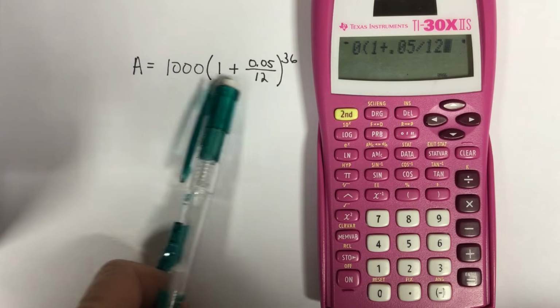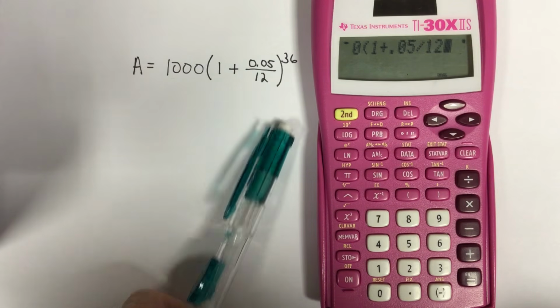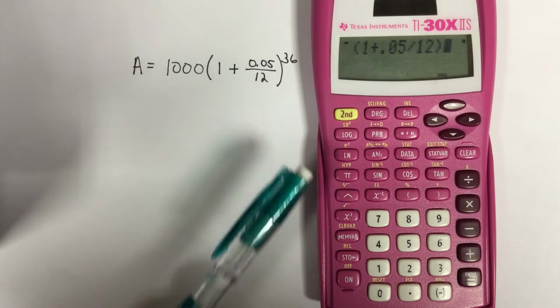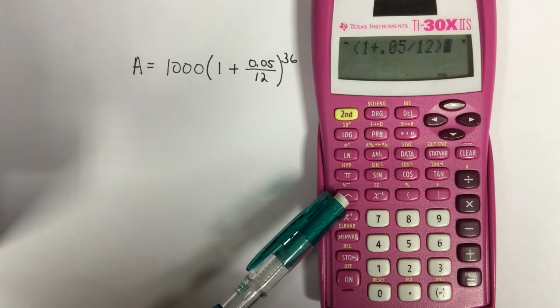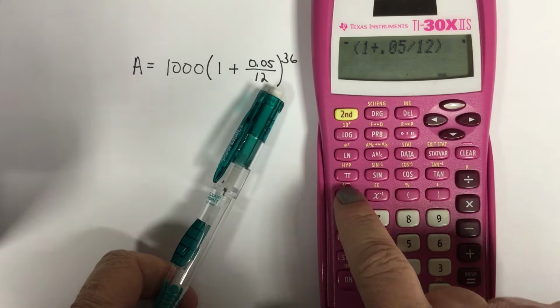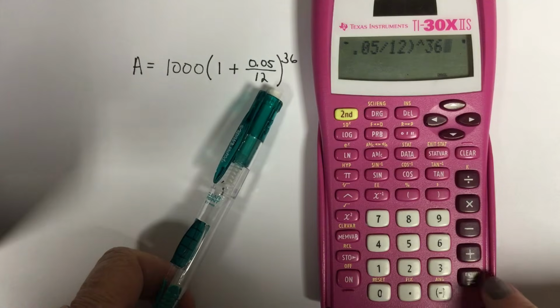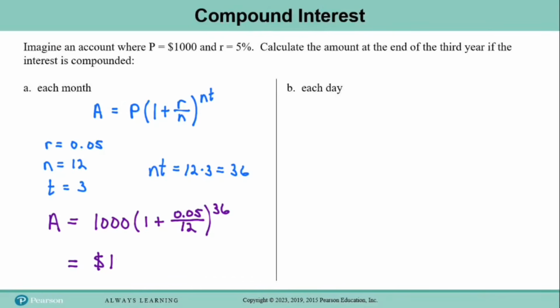Now, I want everything in parentheses to be raised to this exponent, so I do need to close the parentheses, and then your exponent button is right here. This is the power button, so to the power 36, and then equals. And here is our final value rounded off to 2 decimal places, so we end up with $1,161.47.